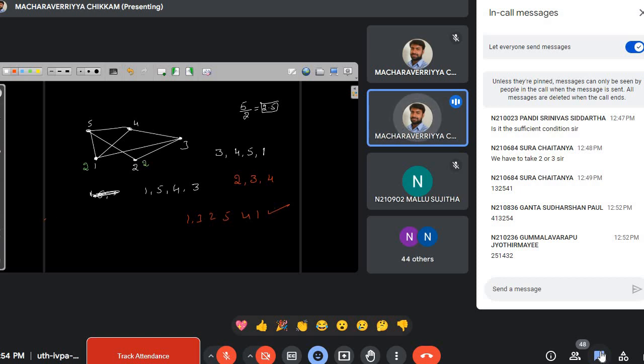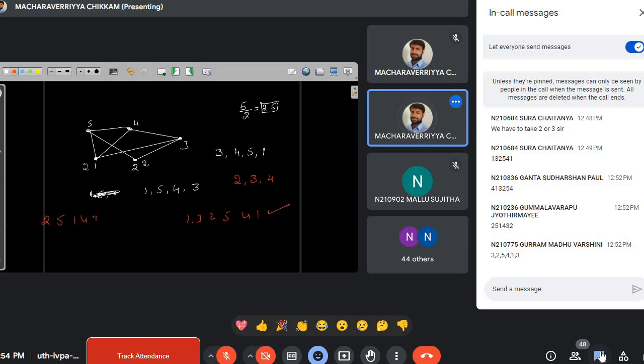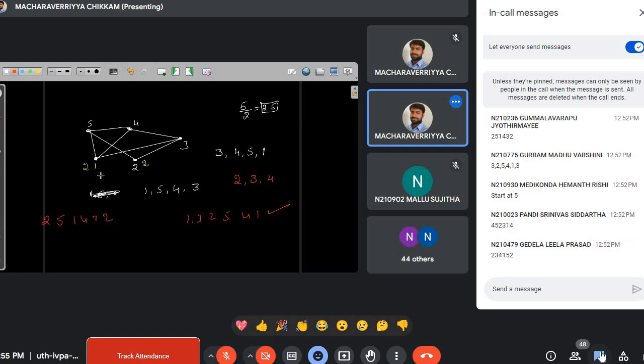One more is given: 2, 5, 1, 4, 3, 2. Yeah, correct. So we have many Hamilton circuits here. Nice. But if we don't have this edge, we are not able to identify any. This graph does not have any Hamilton circuit, right?